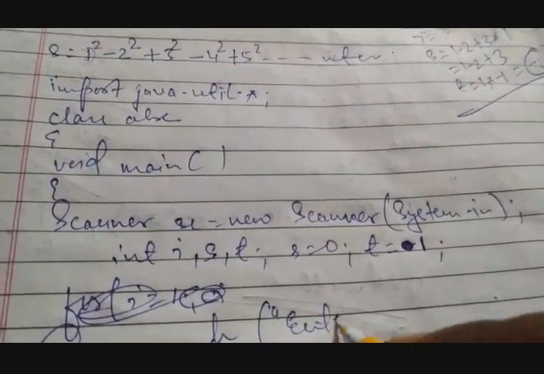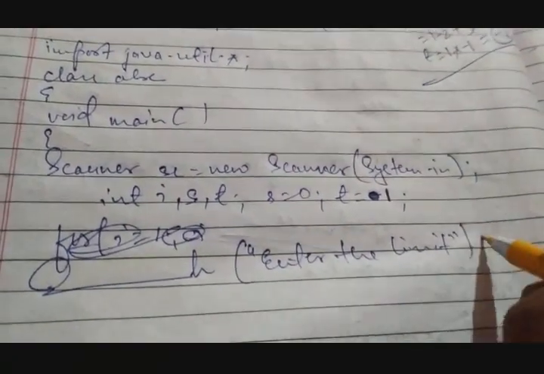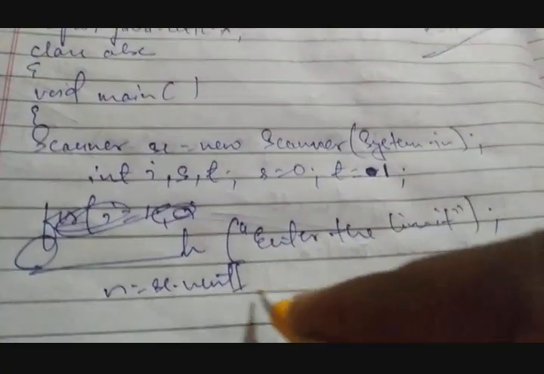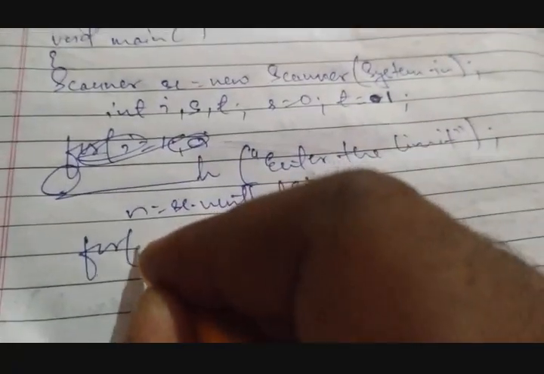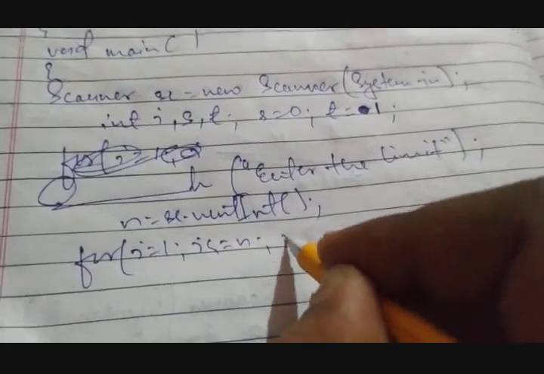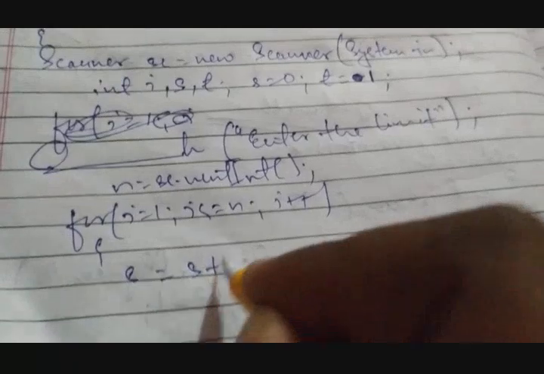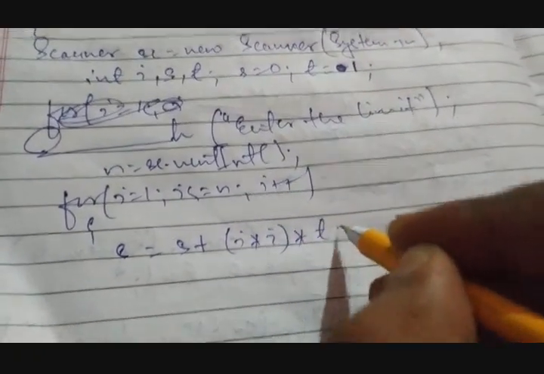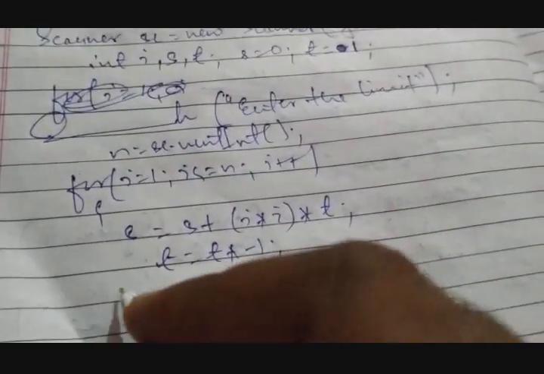Enter the limit. We'll go for the limit: n equals sc.nextInt() method. Now for i equals 1, i less than equals n, i plus plus, s equals s plus i into t, t equals t into minus 1. Close.